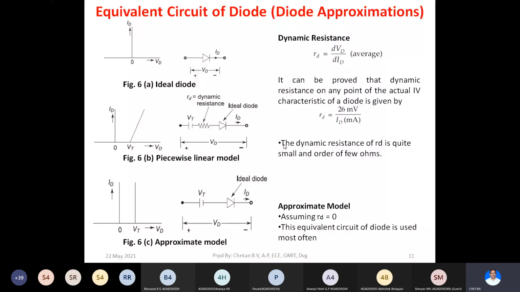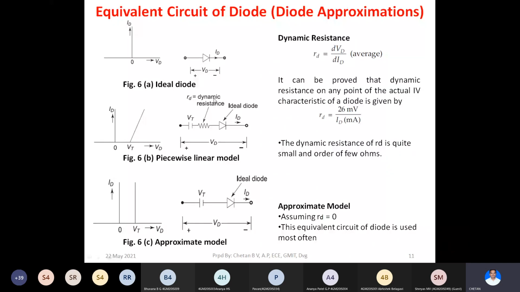Here we find out different currents at different nodes, and also the mesh voltages. To perform this analysis, we have to replace devices like the diode with their equivalent circuit to find the value of current, or else the value of voltage. So we have to study the equivalent circuit of the diode.